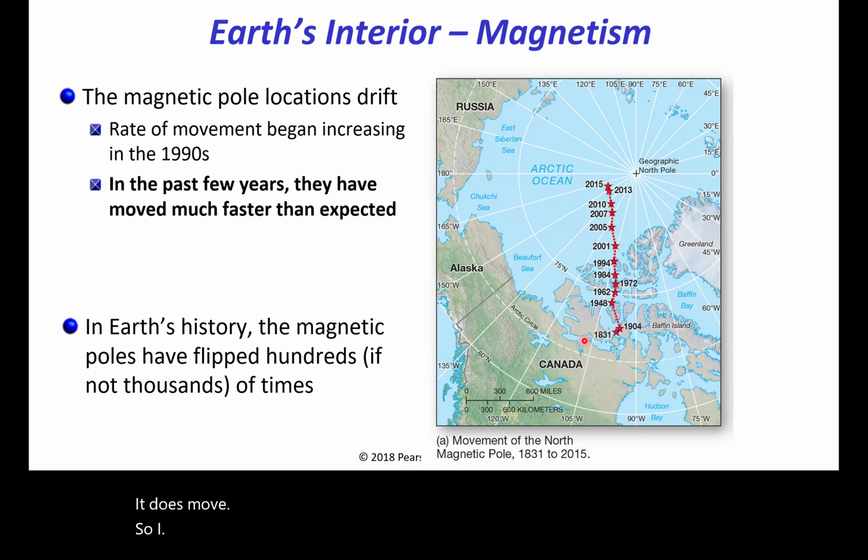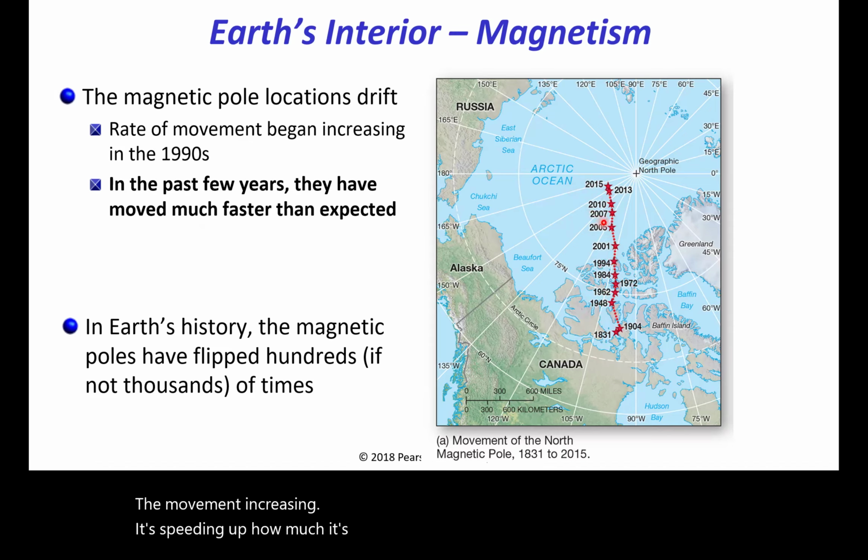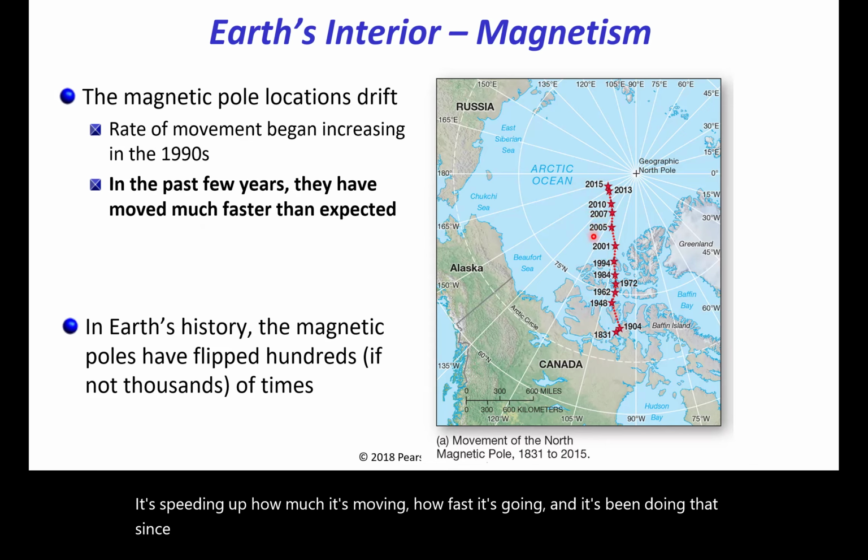Another interesting thing about the magnetic field is that not only does it move its location, but we have also been seeing the movement increasing. It's speeding up how much it's moving, how fast it's going. And it's been doing that since about the 1990s, 1995, I think.